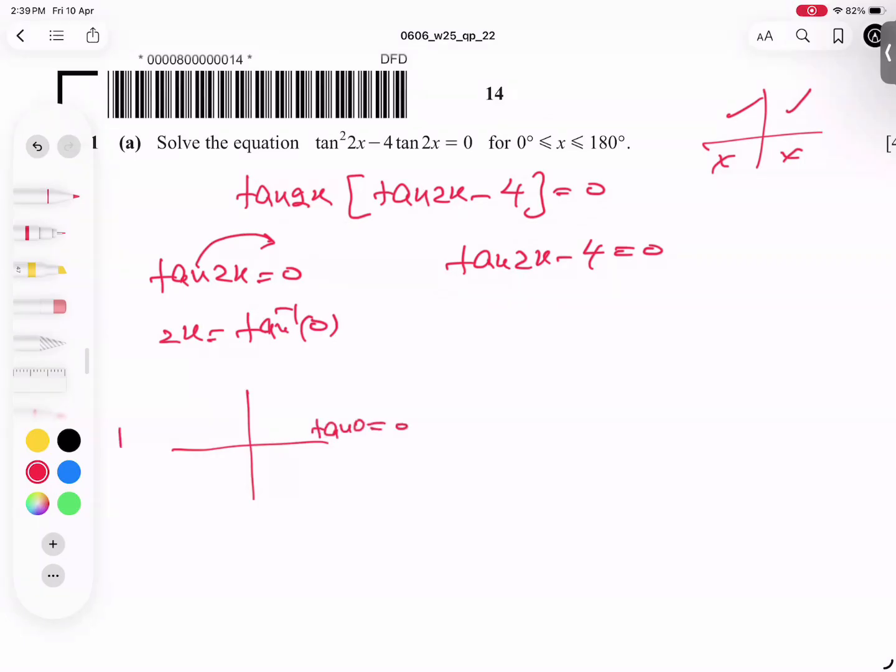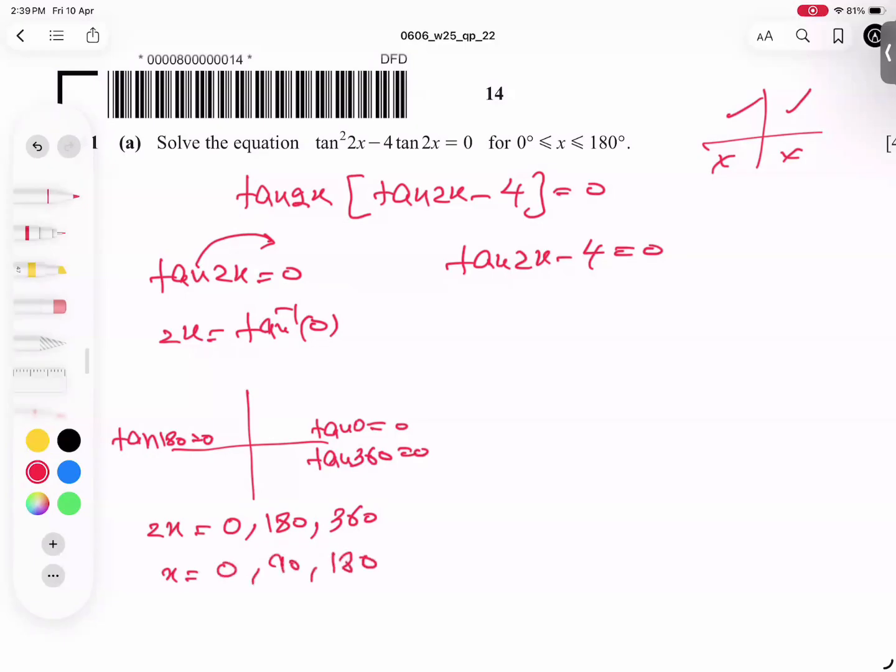Tan 0 is 0 and tan 180 is 0. So I'm getting here 2x, and I'm writing angles 0 and 180 and 360 also. Now divide all values by 2, we get 3 answers.